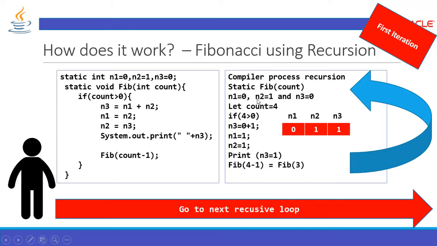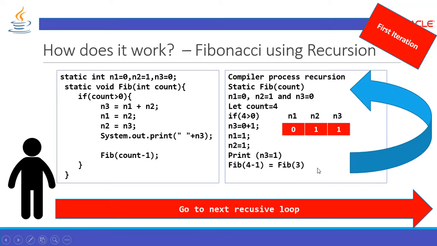n1 equals 0, n2 equals 1, and n3 equals 0. In the first iteration, since count equals 4, which is greater than 0, the series will go like this: n1 is 0, n2 is 1, and n3 is 1. When n3 calculates n1 plus n2, this will be 0 plus 1, so it will be 1.